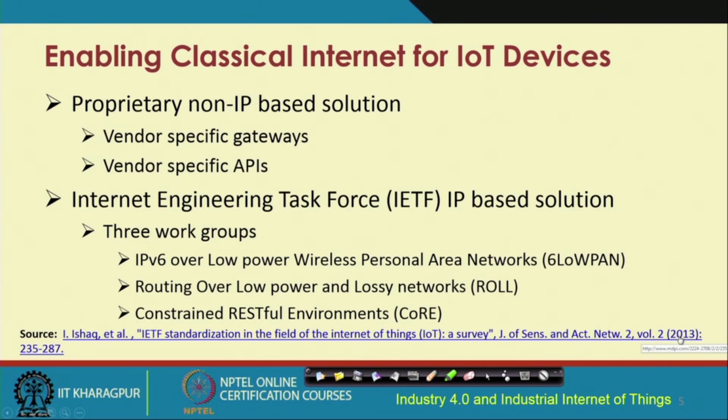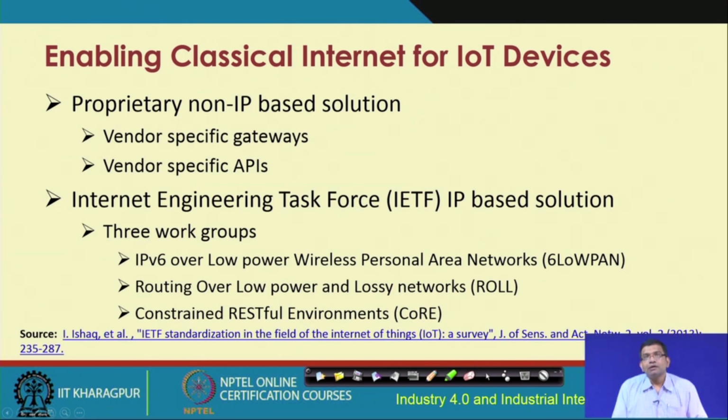Now, think about IoT. We can think about offering non-IP based proprietary means, like vendor specific solutions, or we can think of using the IP based solutions based on the IETF protocols that are already there. So, we can have the classical internet that everybody uses be adopted for supporting IoT networks.